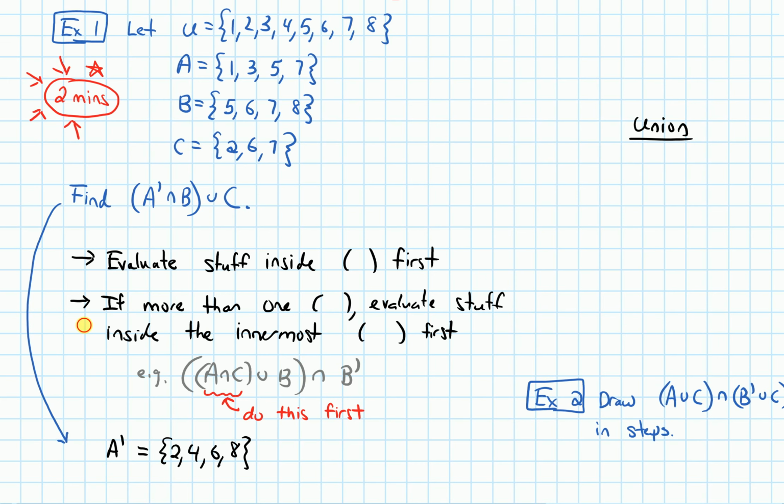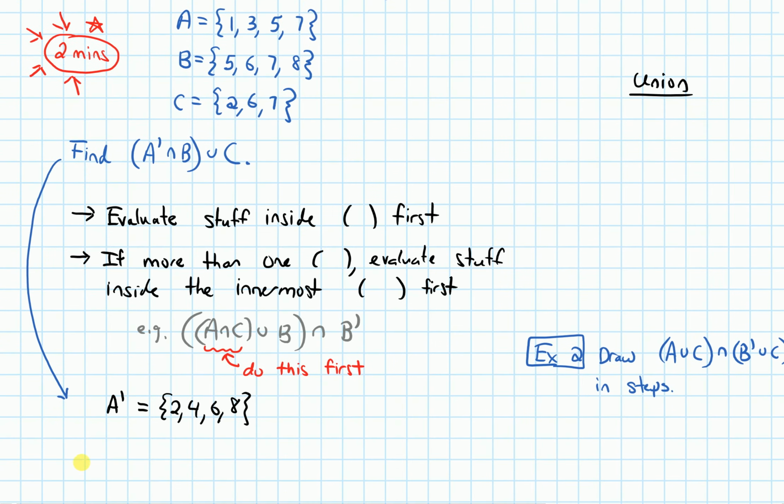Okay, so now I'm going to put an implication arrow. This arrow, when I write it, means the word implies. So this implies, and now I'm going to write down what A complement intersected with B is. I'm going to write A complement, which is 2, 4, 6, and 8.